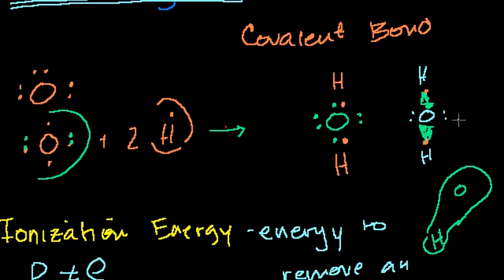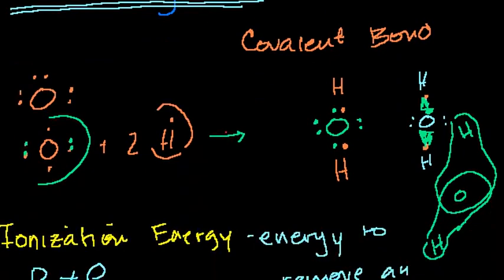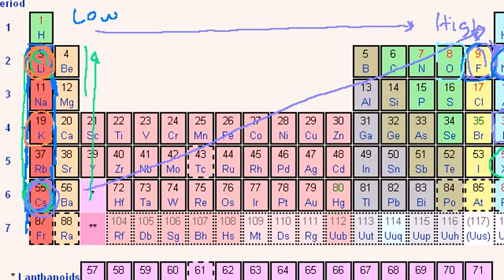And that would be true for the other hydrogen. They spend less of their time around the hydrogen, a lot more of their time around the oxygen. The idea of electronegativity is just that one atom is going to hog the electrons more when you form a covalent bond.